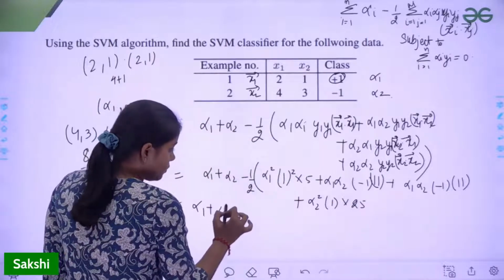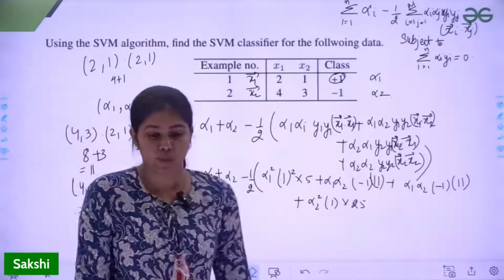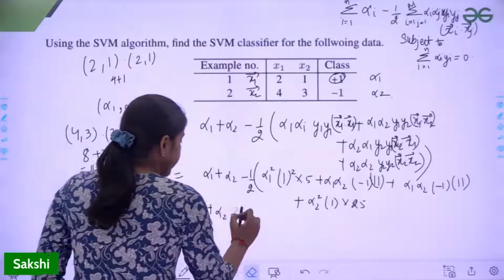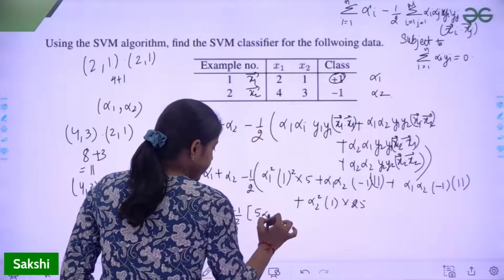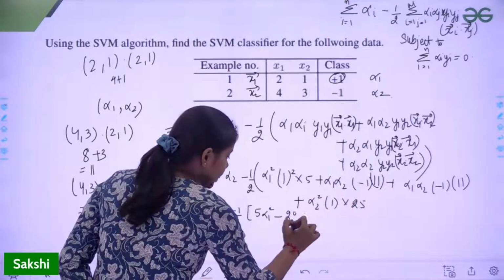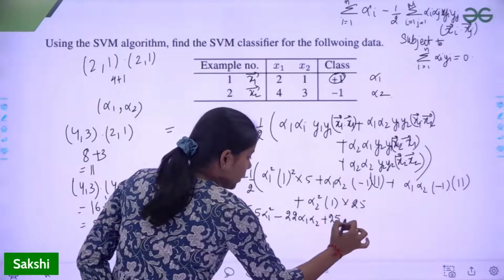Alpha 1 plus alpha 2, right? What you get, just solve it and let me know what would be the value here. So can I write down here that this would be minus 1 by 2 of 5 alpha 1 square, and this would become minus 11, minus 11, 22 alpha 1 alpha 2 plus 25 alpha 2 square.